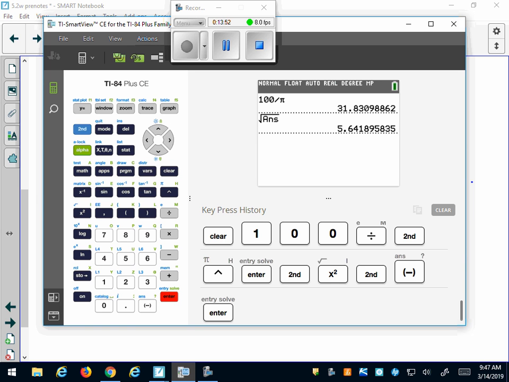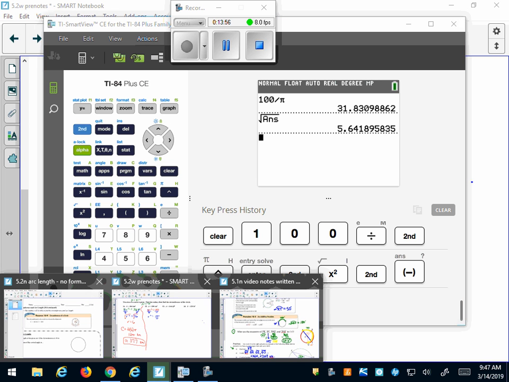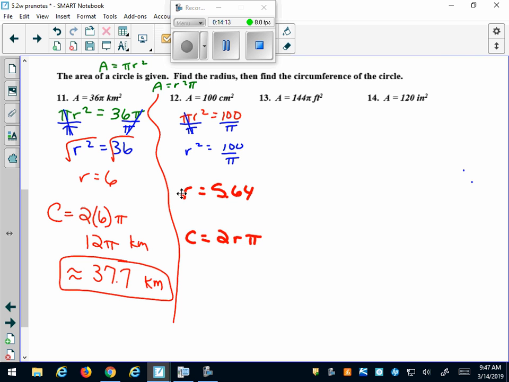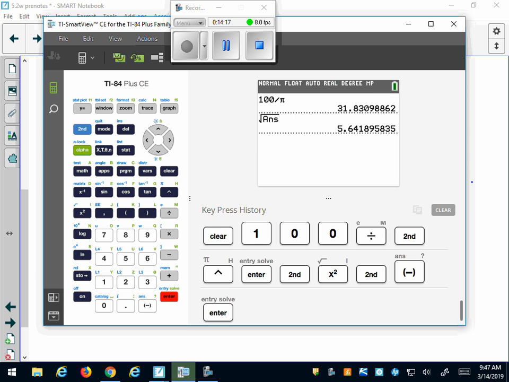At this point, I'm ready to write that as my rounded radius, 5.64. But now I have to find the circumference. So I have to do that times 2 times pi. It's already rounded, right? Like I said, in problems like this, I wouldn't really ask you for an exact answer.